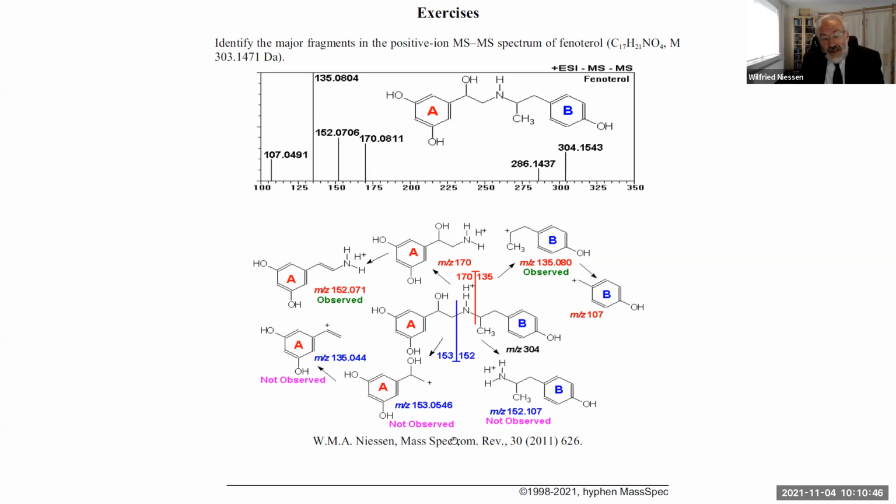So in fact, I think what we actually have here is basically a competition between cleavage at this side of the nitrogen and the water loss, because it has been demonstrated for structures like these, and we will see this example in one of the next exercises, that the water loss is actually not a 1,2 elimination, but a 1,3 elimination.